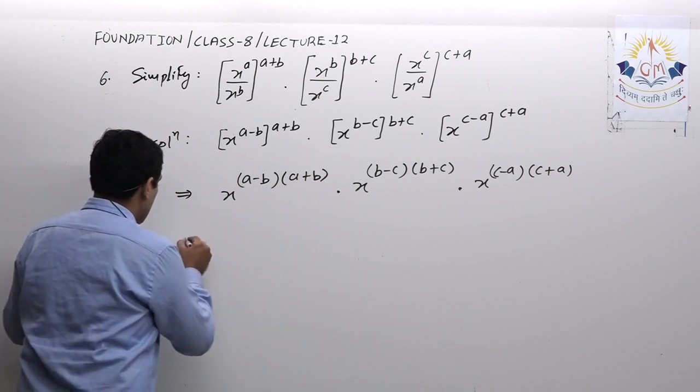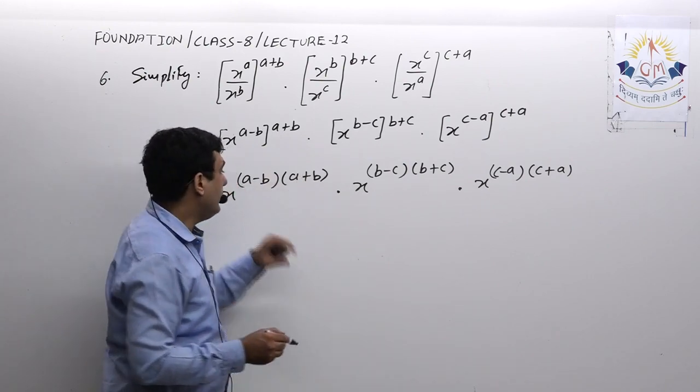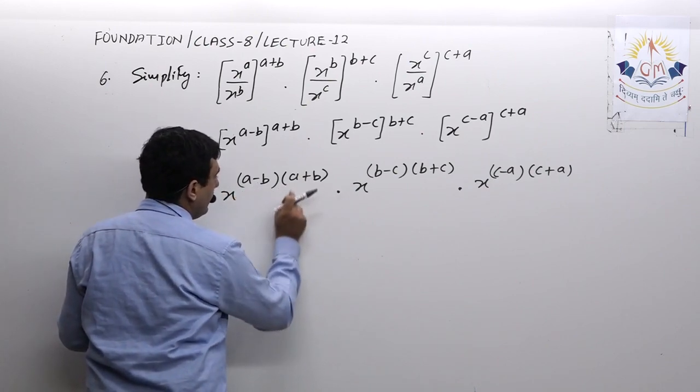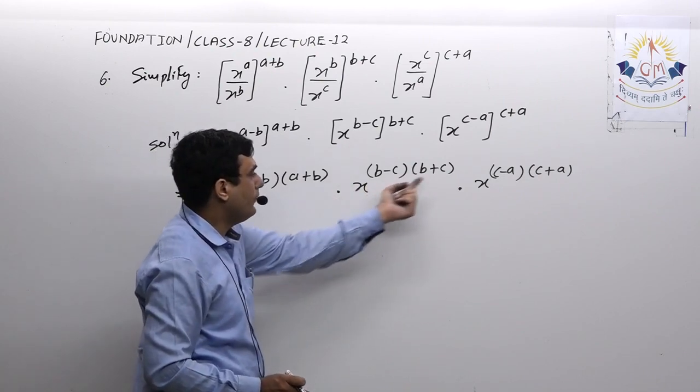Now next, see here you can multiply term to term, that is the one thing, but you should remember the identity. Here it is a minus b, a plus b, product of difference and sum. Okay, product of difference and sum.